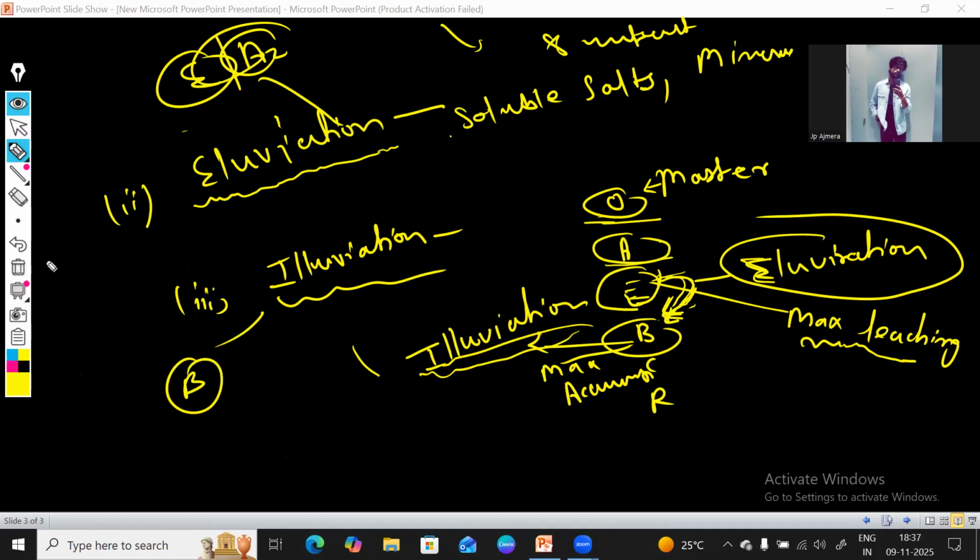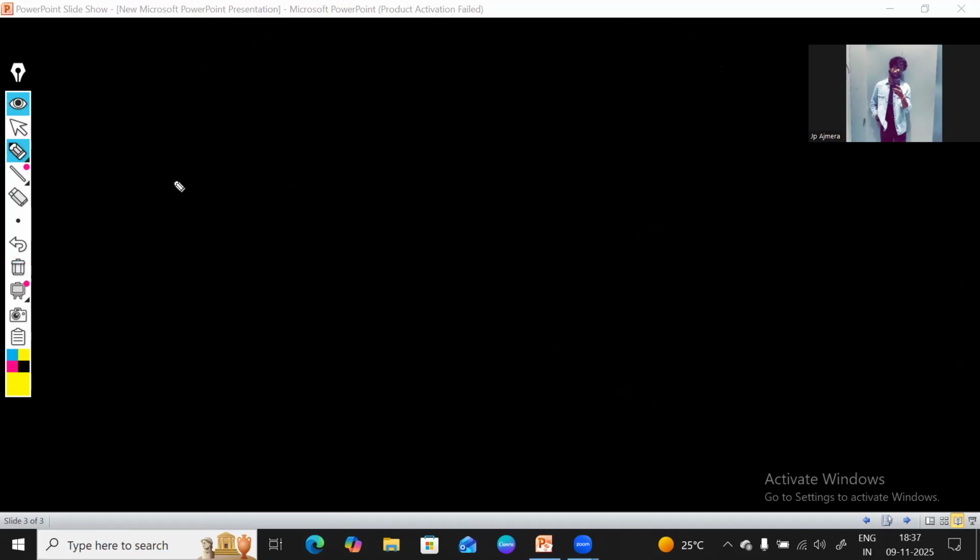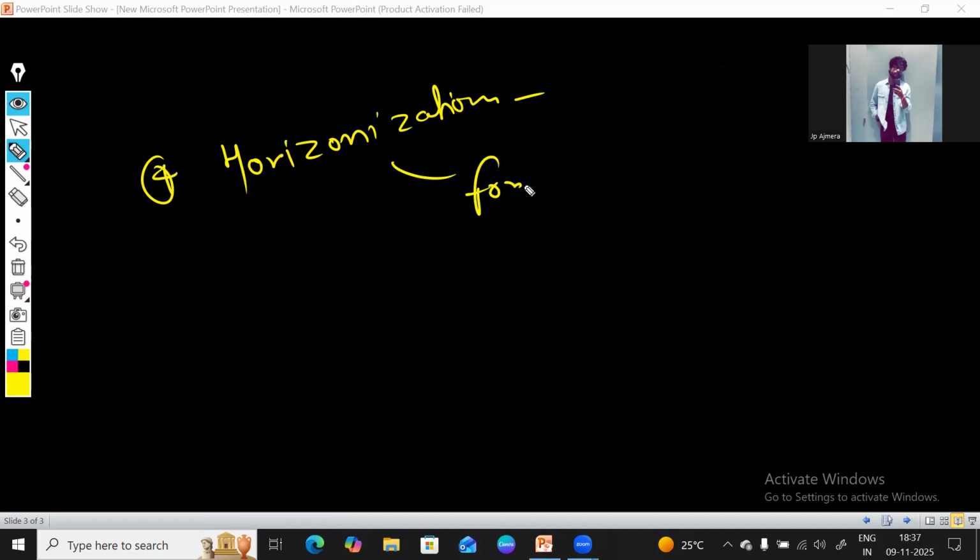Three processes are already complete. Let's move to the next one, the fourth one: horizonization. What is horizonization? It is the formation of soil horizons. What is meant by that?